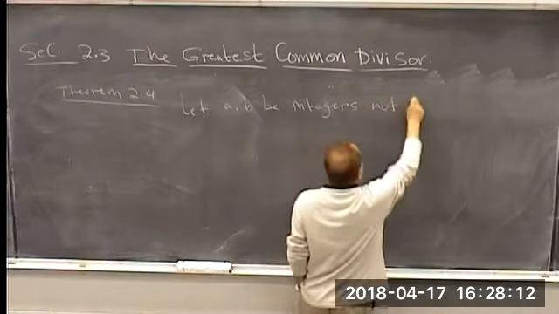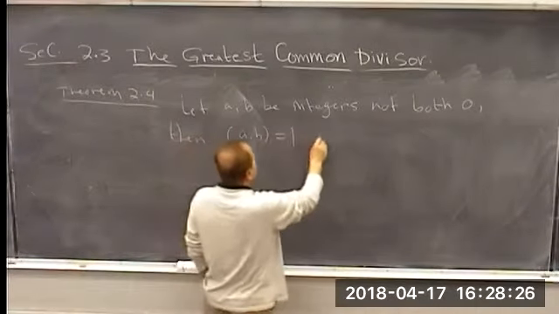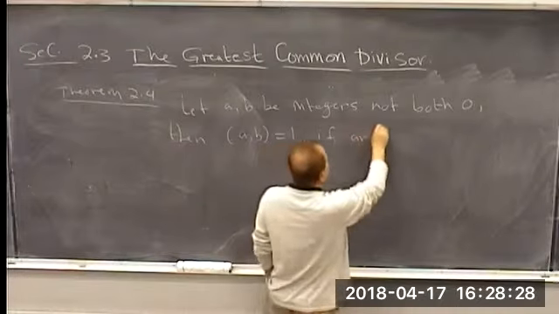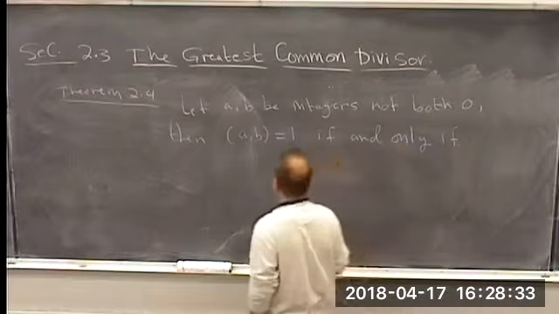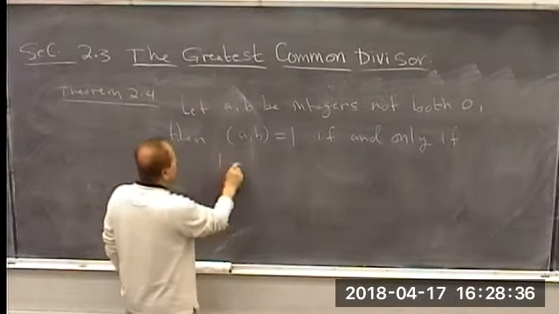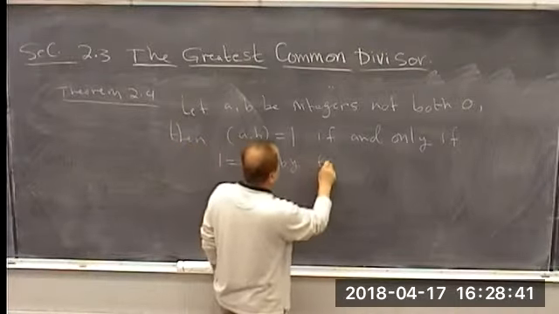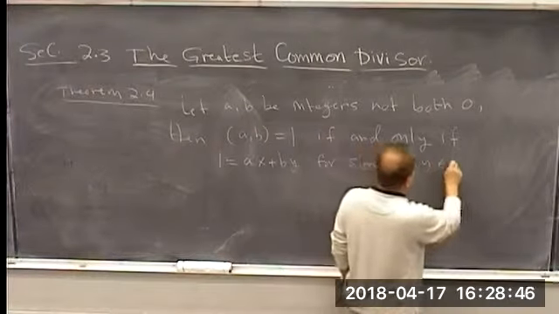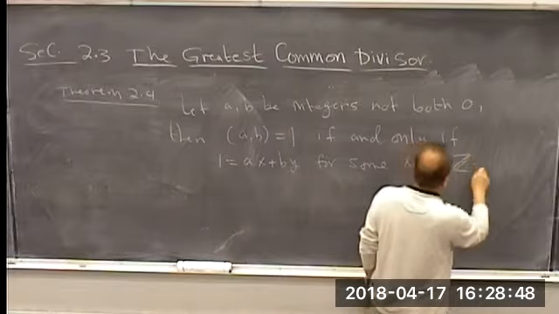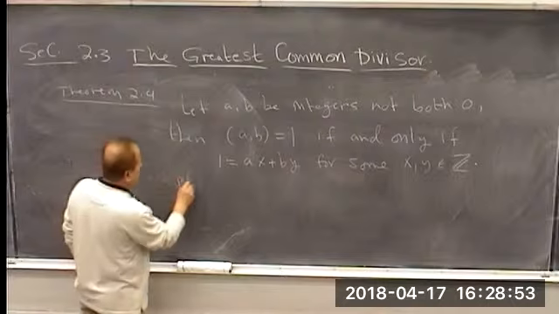Then the greatest common divisor of A, B equals 1 if and only if one can be written as AX plus BY, for some X, Y in Z. So it is an if and only if. Okay, so let's go with the proof.